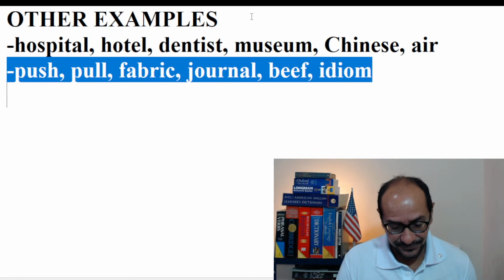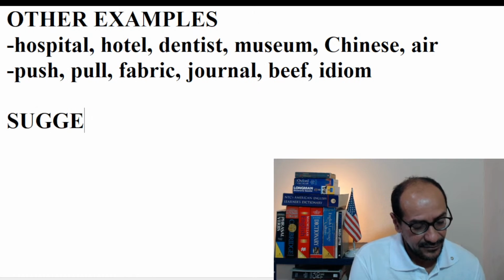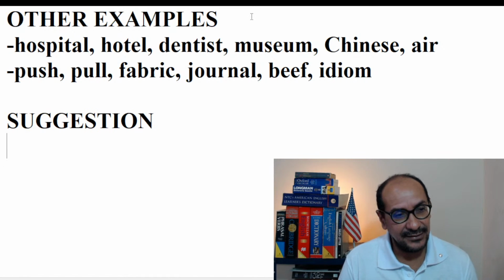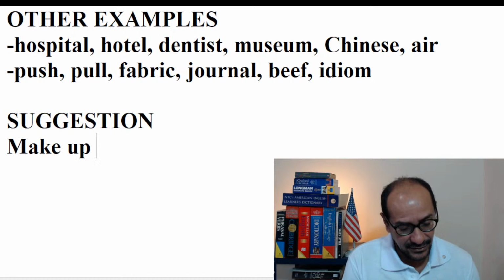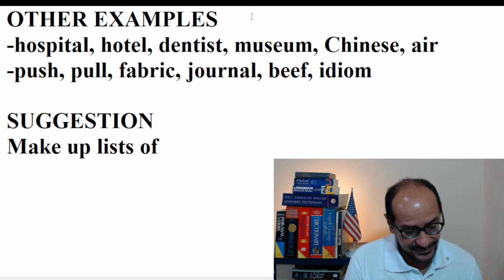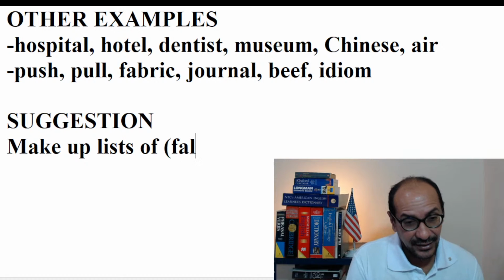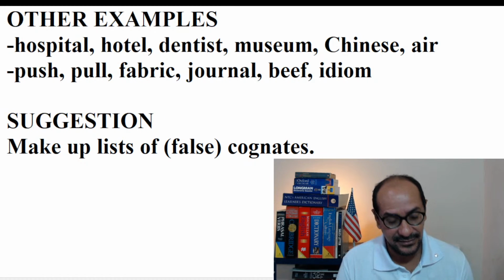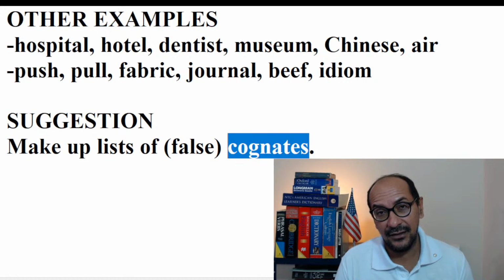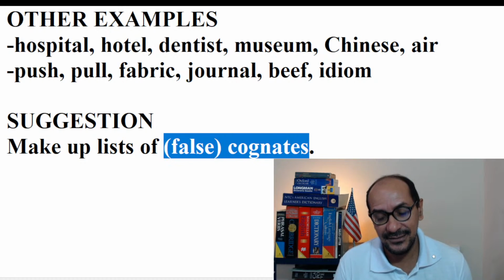My suggestion, let me write here. My suggestion is a very simple one, that same one. Make up lists of, let's put like this, cognates or false cognates. Okay, I like doing this, using between parentheses, because you can say a list of cognates or false cognates at the same time.